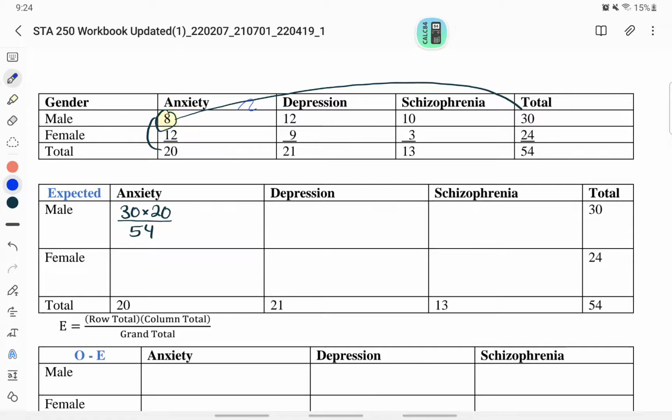When it comes to male and depression, we're going to do the same thing. To find the expected count, take the row total of 30, the column total of 21, and we're going to divide that by the overall total, which is going to be 54.